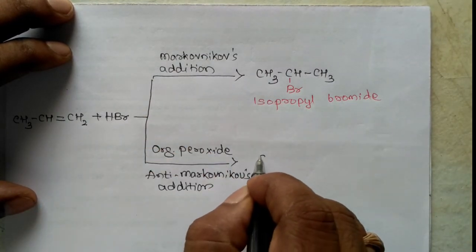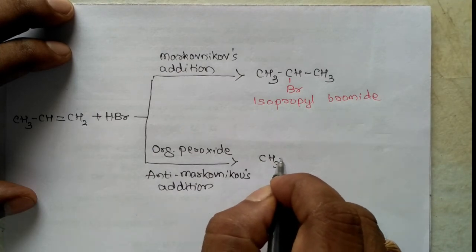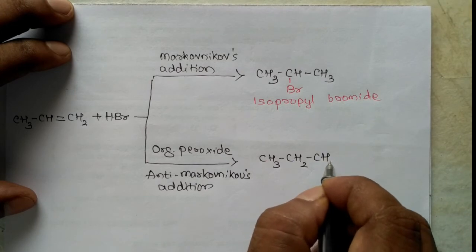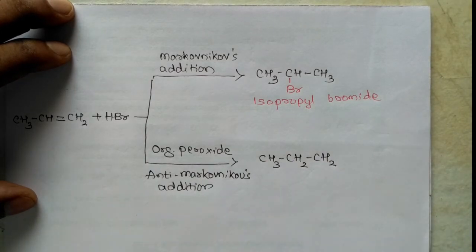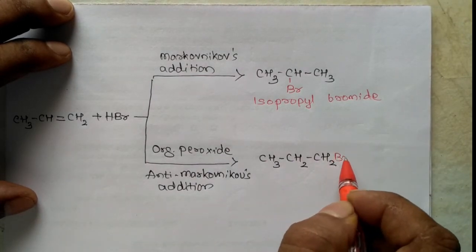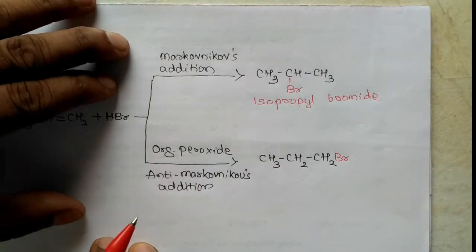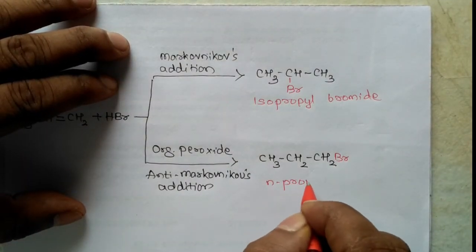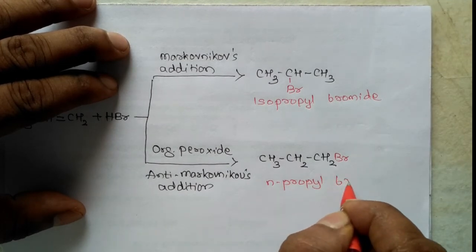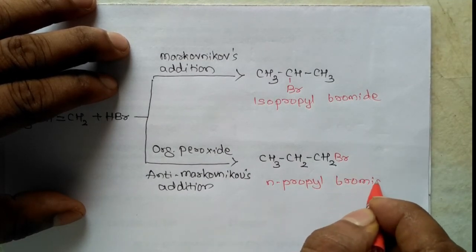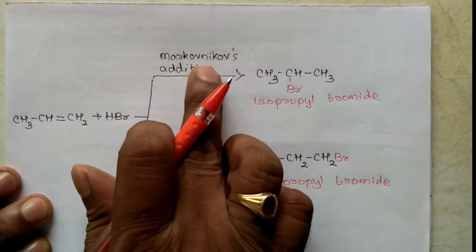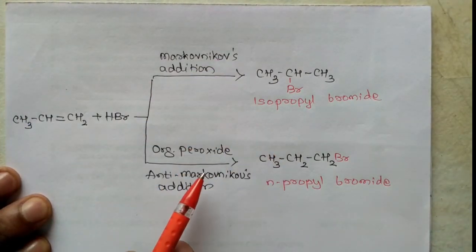The compound formed is CH3CH2CH2Br, propyl bromide, or this is also called n-propyl bromide. This is Markovnikov addition, and this is anti-Markovnikov addition.